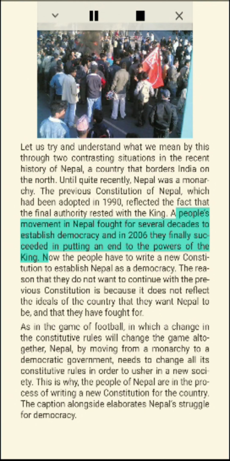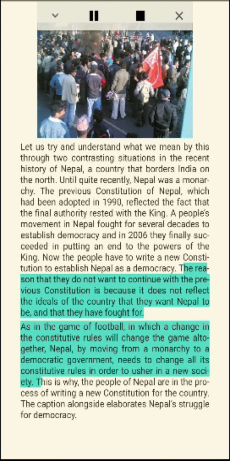The people's movement in Nepal fought for several decades to establish democracy, and in 2006 they finally succeeded in putting an end to the powers of the king. Now the people have to write a new constitution to establish Nepal as a democracy.